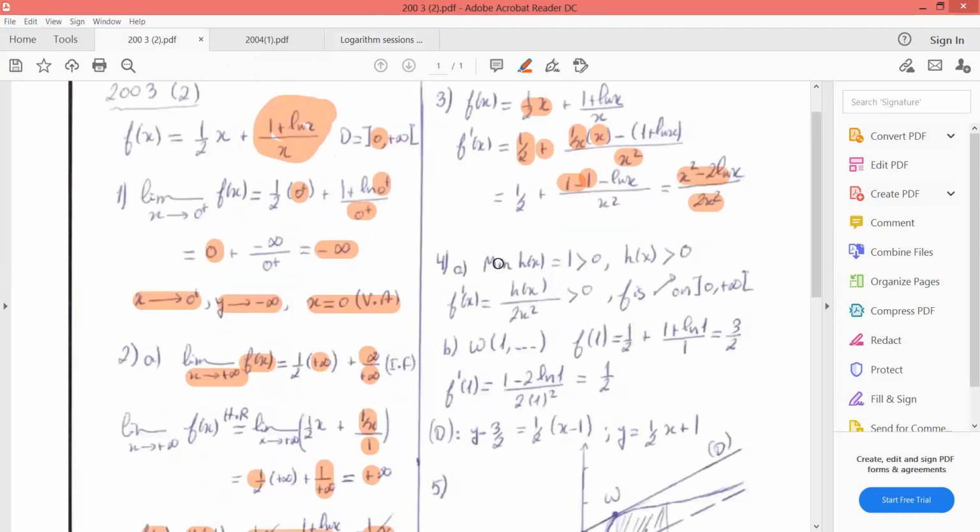So the minimum of hx equals 1, which is positive. hx is positive. So f prime x equals hx over 2x squared, which is positive. So f is strictly increasing on 0 to plus infinity. Any questions?